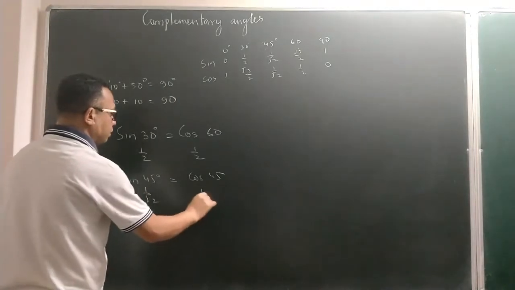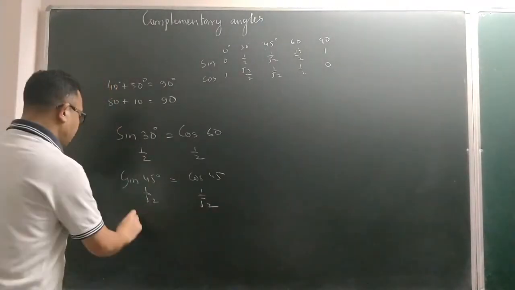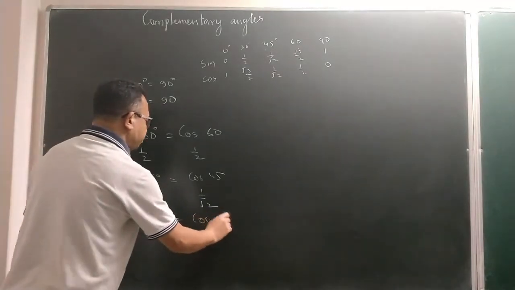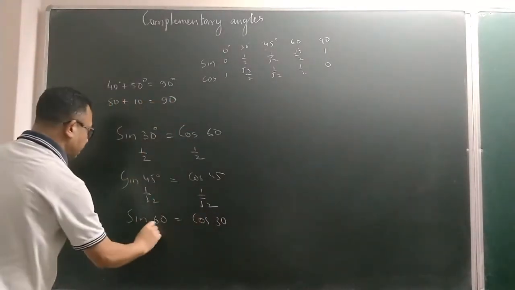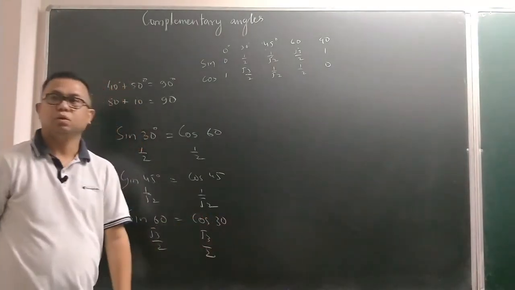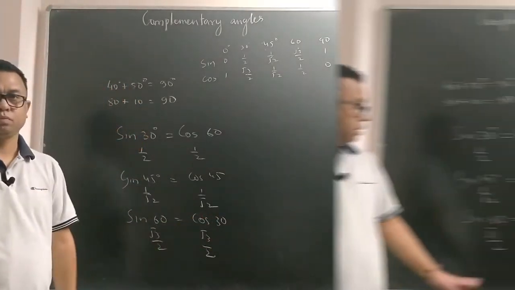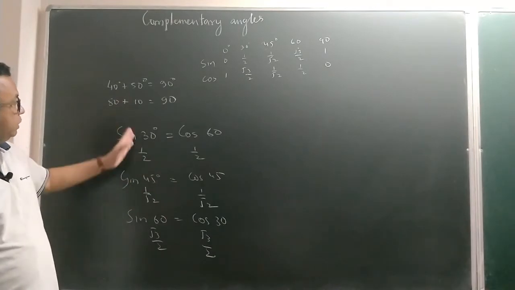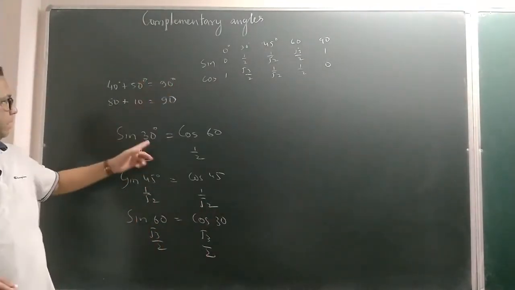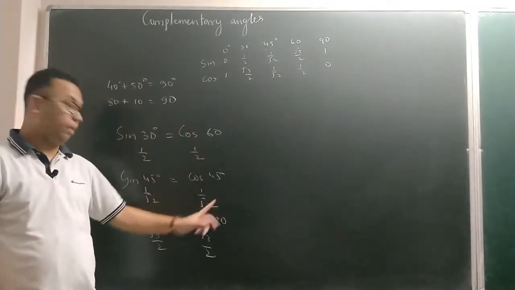Similarly, sine 60 is the same as cos 30, both root 3 by 2. Can it only be shown with 0, 30, 45, 60 degree? You can show it for all. Here I did 30 and 60, 45 and 45, 60 and 30.